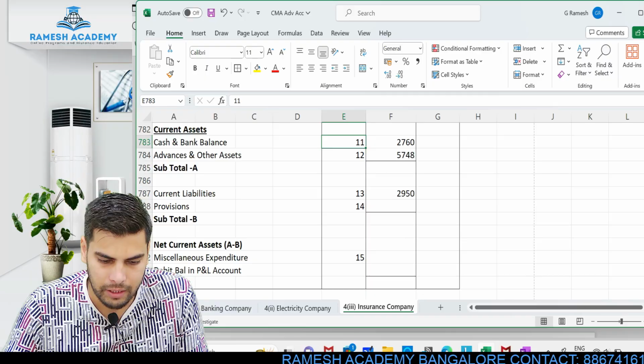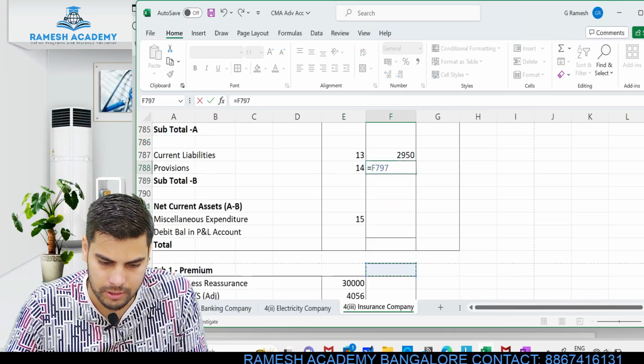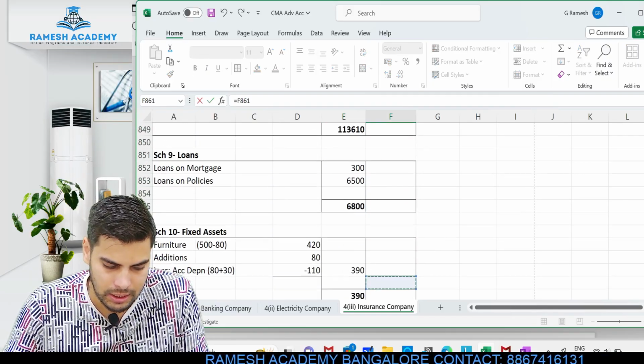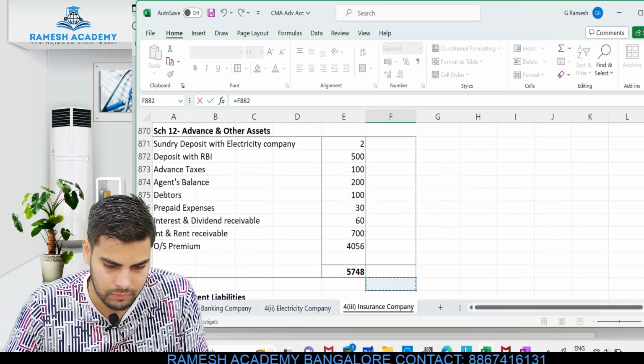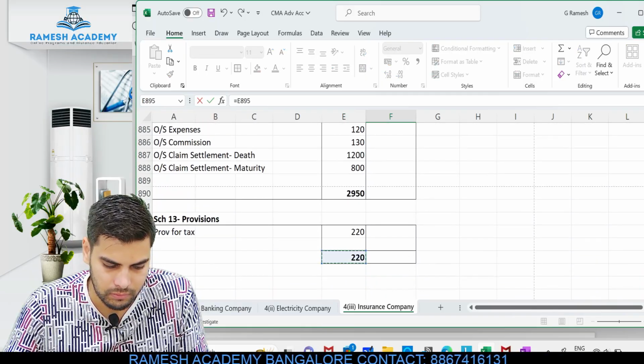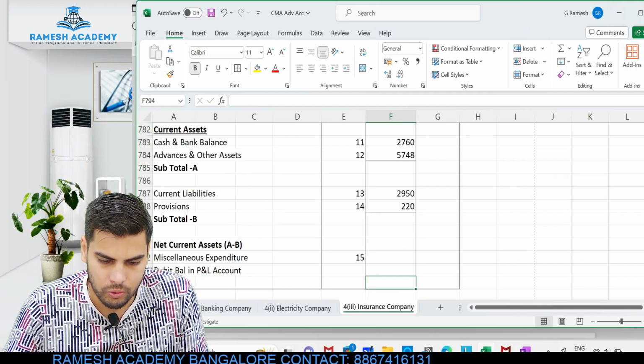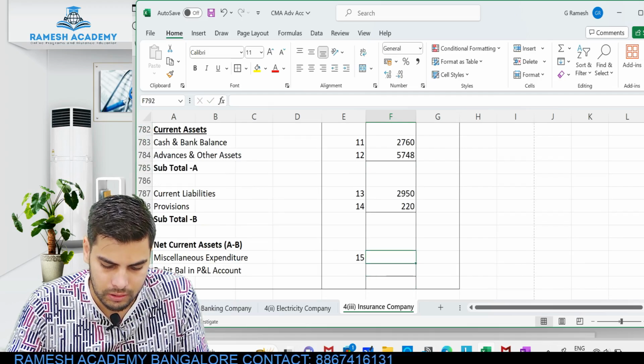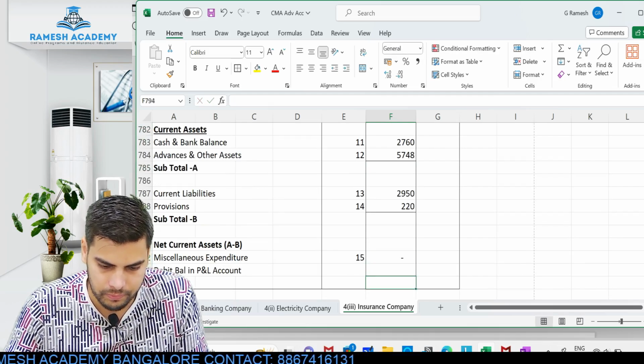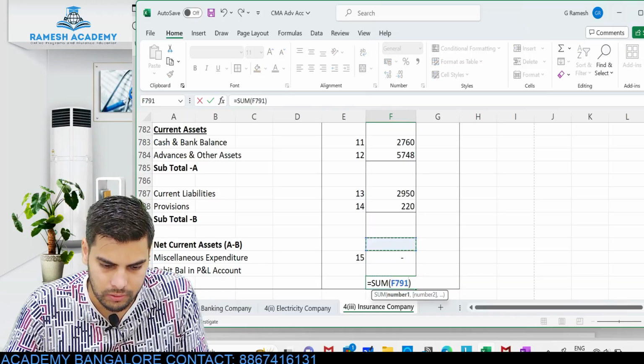So we don't have any miscellaneous expenses. Miscellaneous expenses would be 0, nil. Now we just need to write the total. This would be 0. Check out the total.